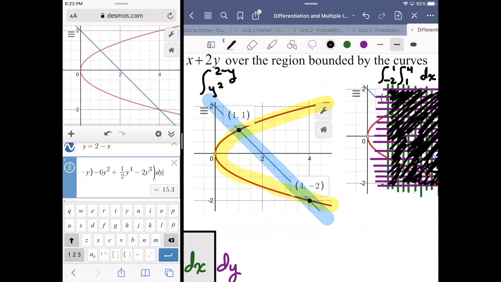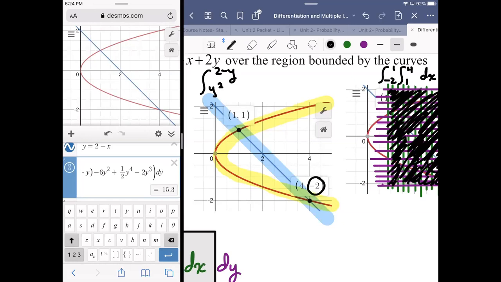You know, because once we get beyond these intersections, then we still have a lot of interval that involves the difference between y squared and 2 minus y. All of this stuff and all of this stuff, which I don't want, right? What I want is only the values in between, right? In between the -2 and the 1.